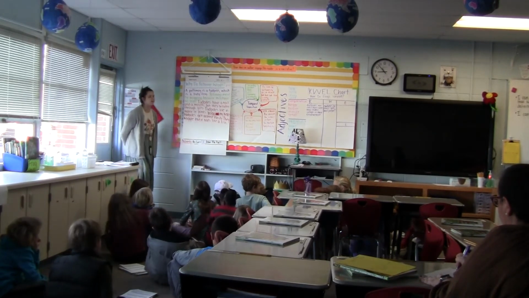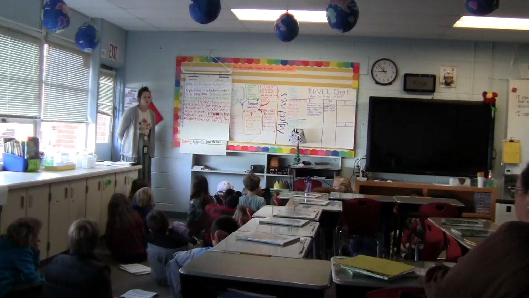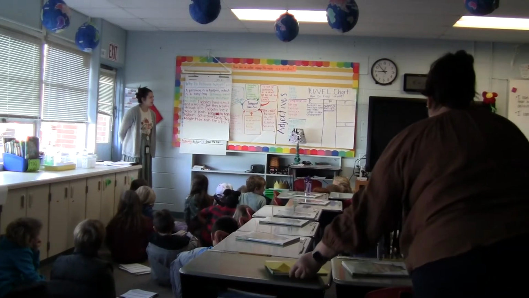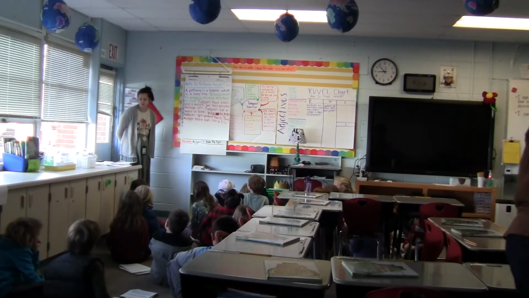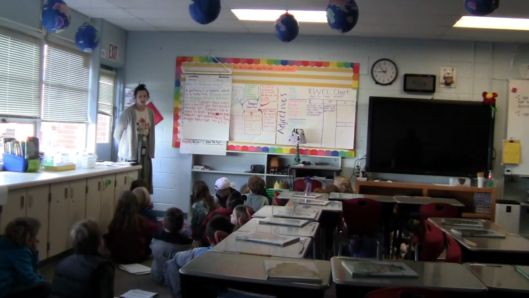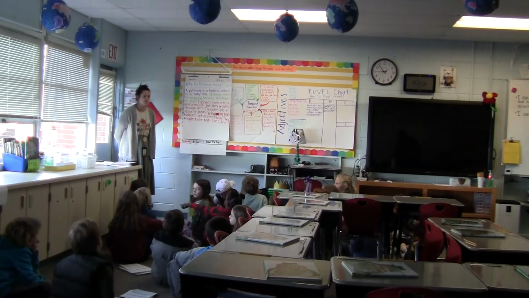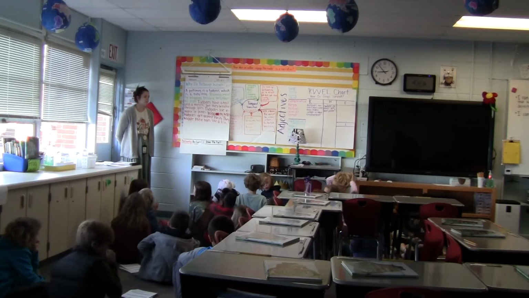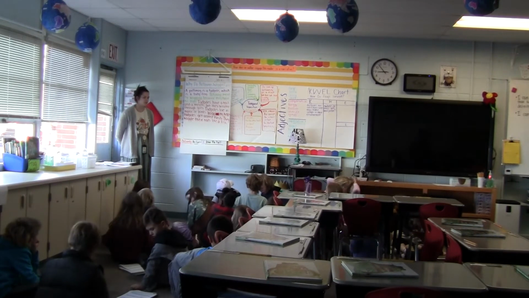What else do we kind of want to explain? So one of you, I can't remember which one said it, but when we were writing our details earlier, one of you said that we would maybe describe what they changed into, right? So do you think that would be a good thing to add to our focus statement?